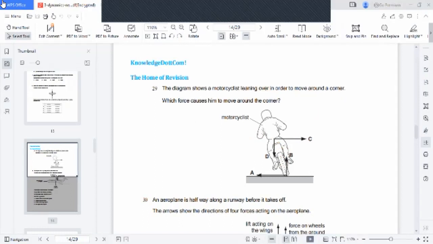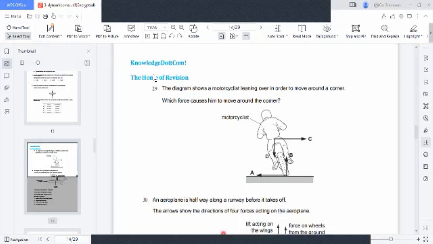Which force causes it to move around the corner? If we look at the different possibilities, D represents the weight of the person acting in the downward direction. Here is another force, which is a normal force. And here is another force.